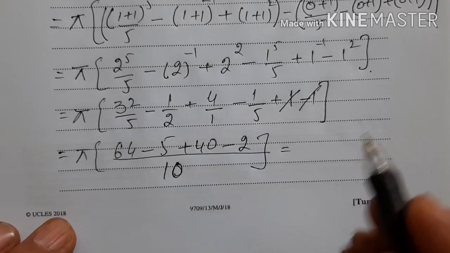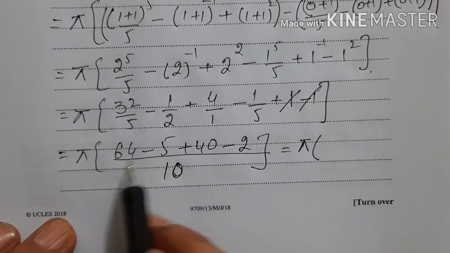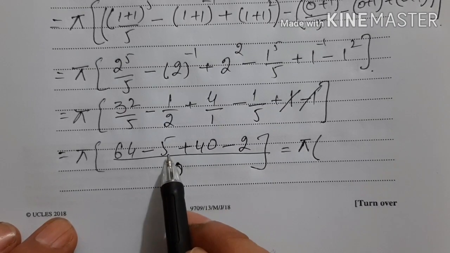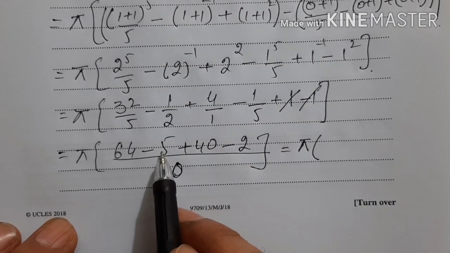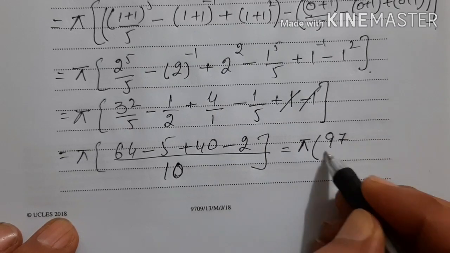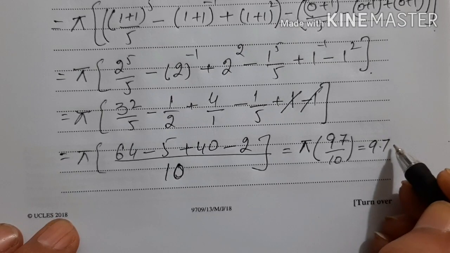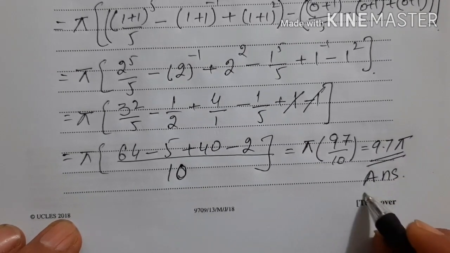So this will become pi into 64 plus 40, that is 104, minus 5, minus 2, that is 97 over 10, which is 9.7 pi. This is our answer.